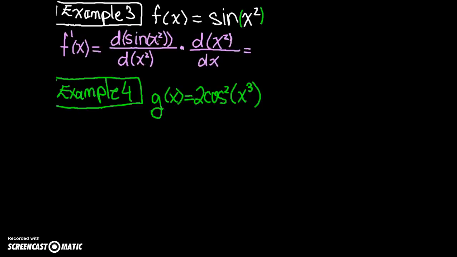And so the derivative of this function, leaving x squared alone, the derivative of sine is cosine. Leaving x squared alone, then we're going to multiply it times the derivative of x squared, which is 2x, leaving the x alone. And there's your answer right there.